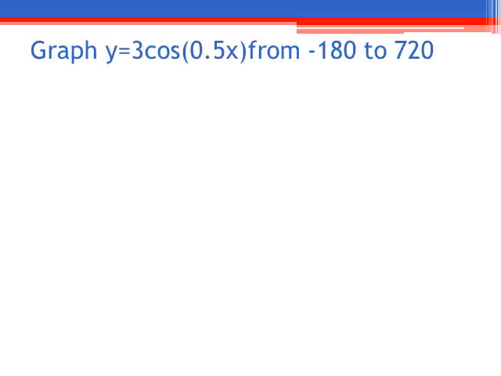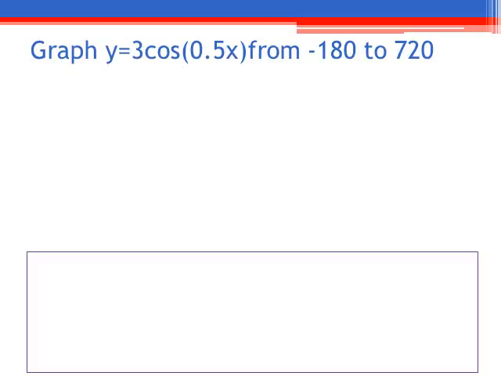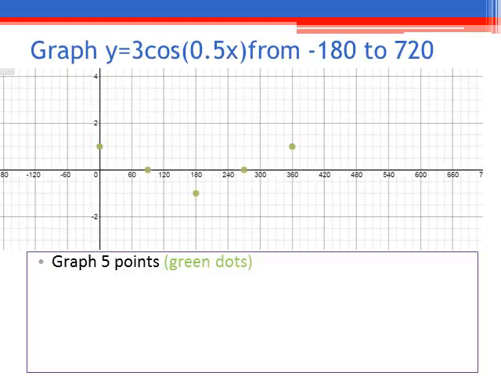Now, since it's a fraction, or less than 1, that means that our period is going to be bigger. So that's multiplying by a half, which is making our period twice as big. So if we take 360 and divide it by 0.5, we end up with 720. So graph our points to begin with.